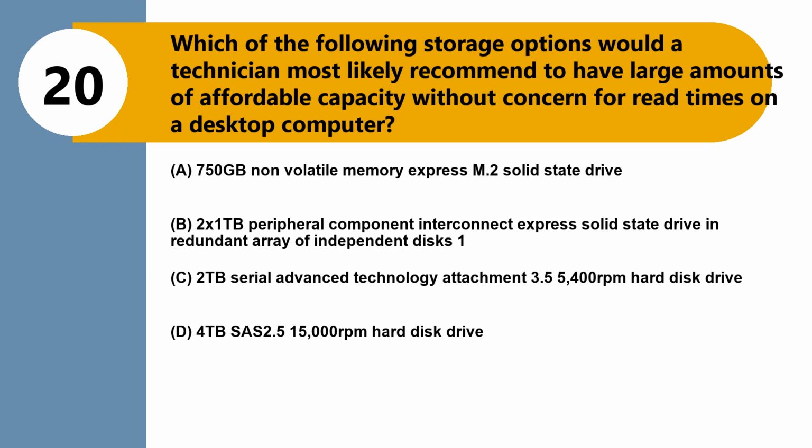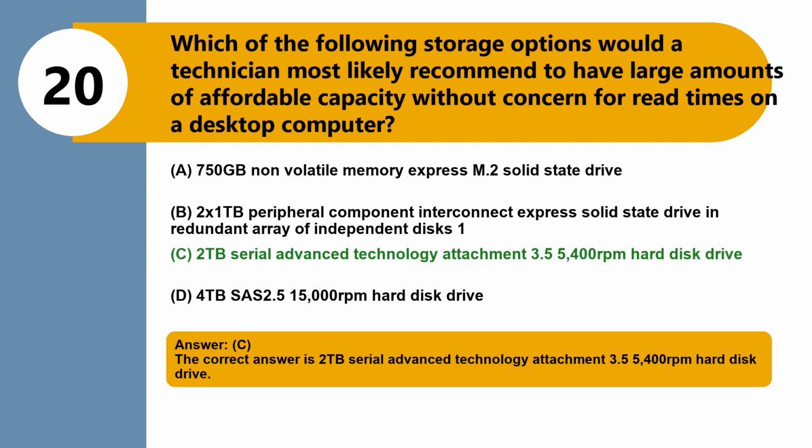Option D. 4 TB SAS 2.5, 15000 RPM hard disk drive. The correct answer is option C, 2 TB serial advanced technology attachment 3.5, 5400 RPM hard disk drive.